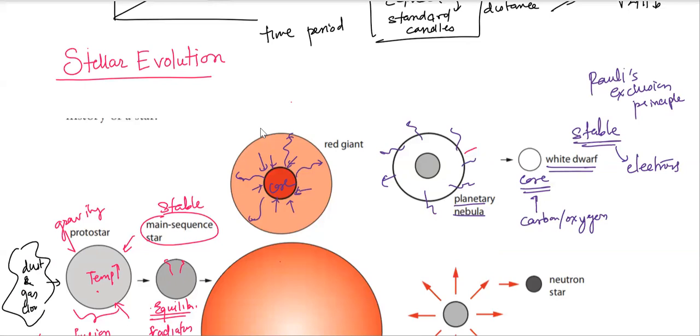And that's the reason why the electron degeneracy pressure balances out the gravitational pressure. Okay, so that's why it is stable. A white dwarf is stable because of the electron degeneracy pressure.